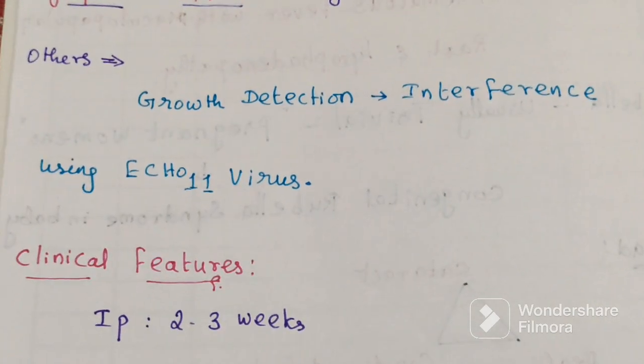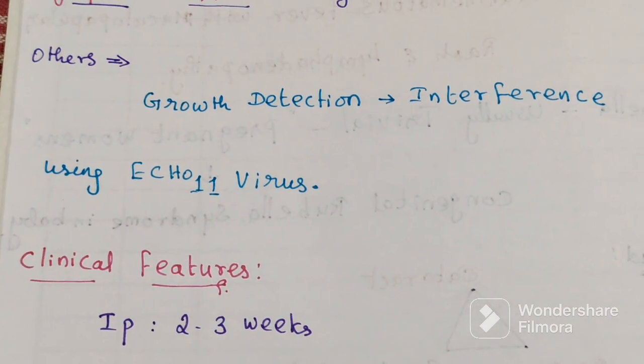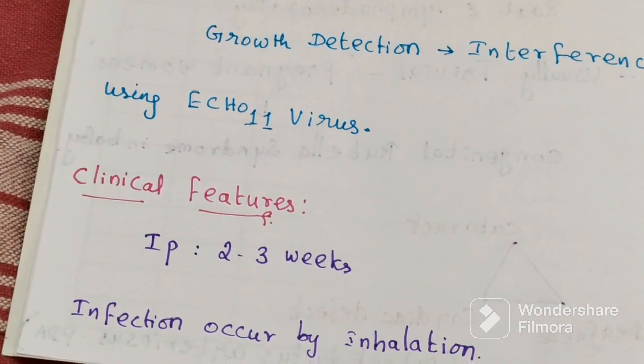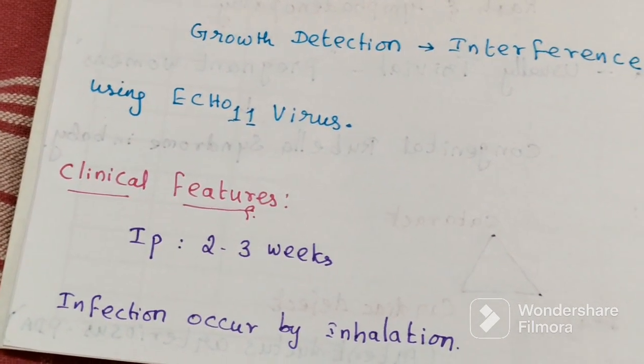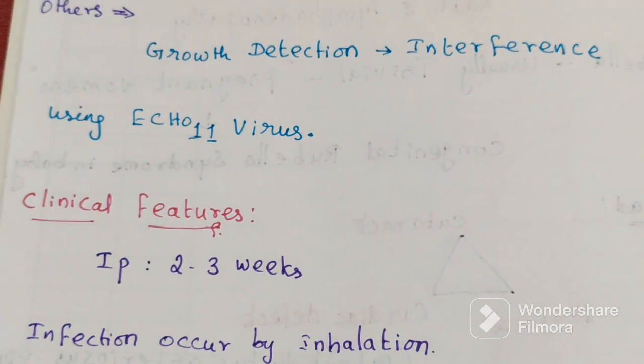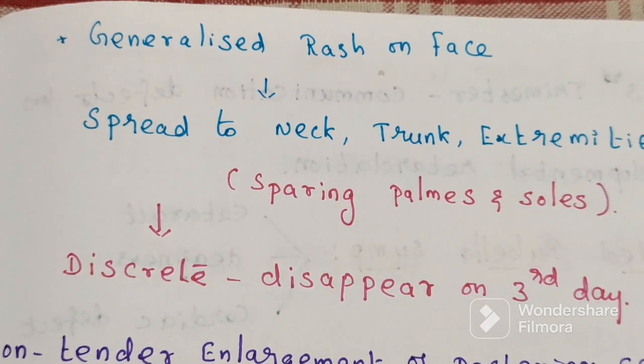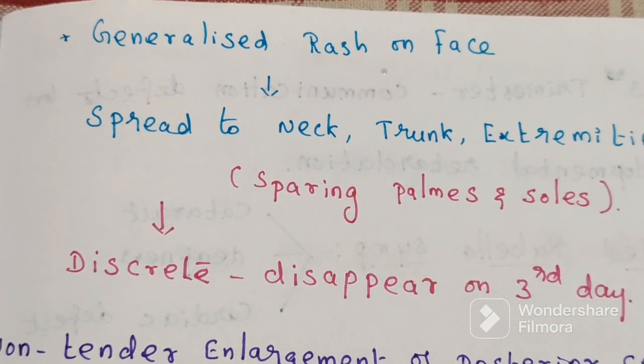Coming to clinical features, the incubation period of rubella is 2 to 3 weeks. The infection occurs by inhalation.